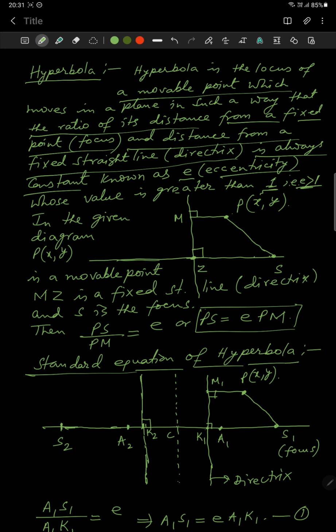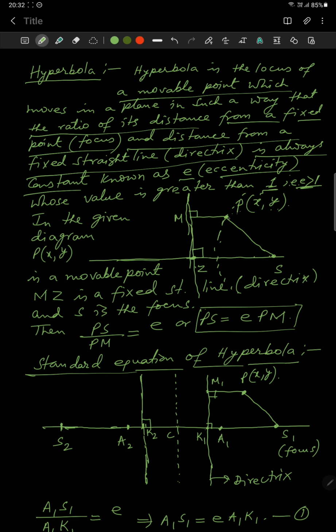So in order to explain, I have taken one diagram over here. Let us take the point P, which is a movable point, which tentatively you can imagine could be moving in this manner. So P(x, y) is the coordinate of this point, and we have taken the directrix, that is ZM.